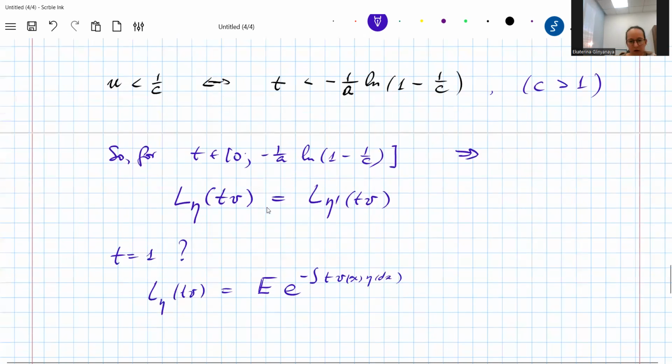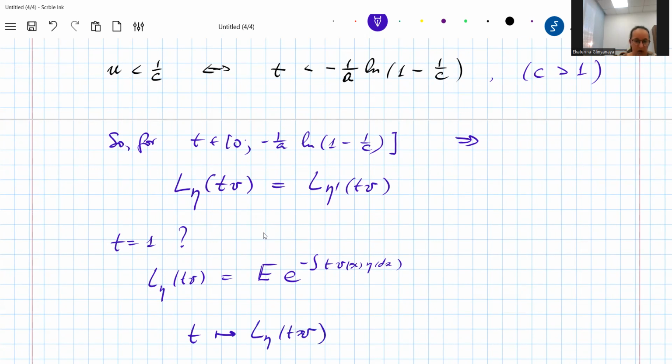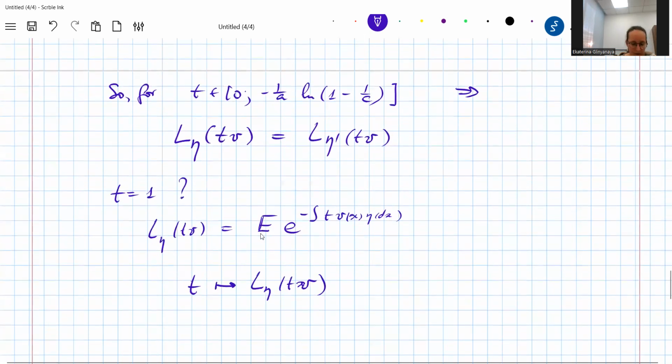So actually, this is a function with respect to t. If I take t and consider this Laplace transform, you can see that this is an analytic function.